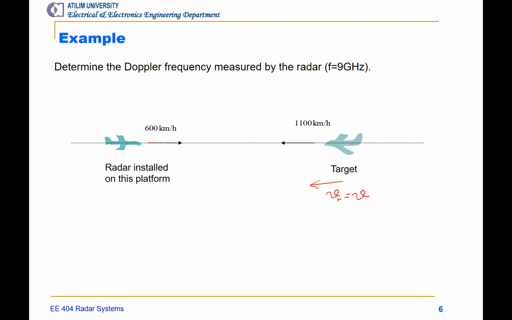So they are approaching each other, which makes the speed simply the sum of the speeds of the platforms. So then the Doppler shift here should be calculated by considering the speed of the target as well as the speed of the platform. We have to add them up and determine the radial or relative speed, and then use it in calculating Doppler shift.